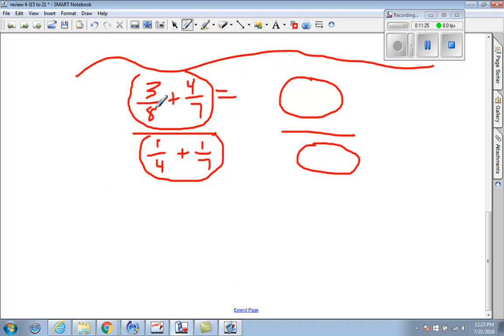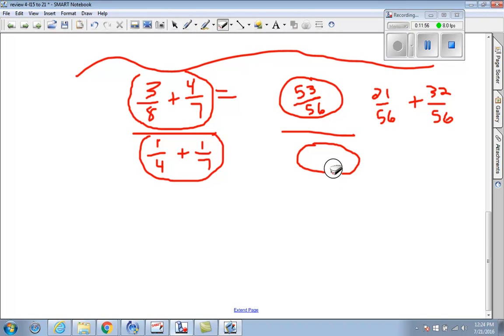So if you do that, 8 and 7, the LCD would be 56, right? So I'd basically end up getting 21 over 56 plus 32 over 56, which would lead me to 53 over 56.